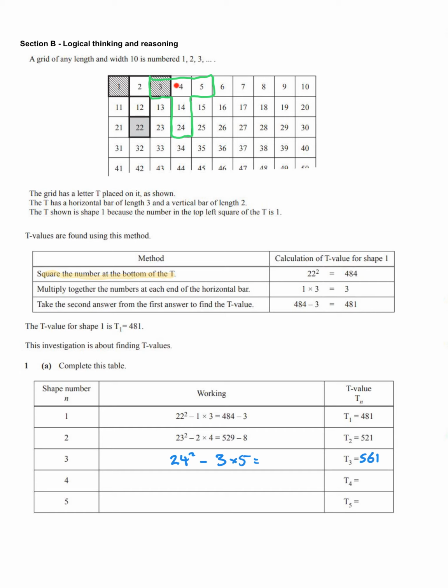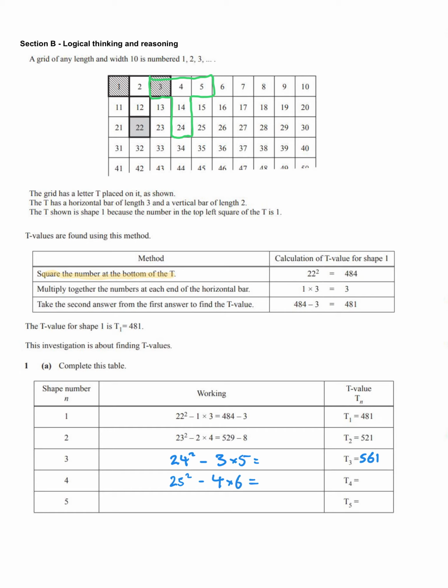Okay. Now what I'm looking at is to see if I can spot any pattern without the need to draw my T on this shape. So 22, 23, 24. Well, what's going to happen next? It's going to go 25 squared minus, now what's happened for the first number of the multiplication? It's gone from a 1, 2 to a 3, so the next one's going to be 4 times, and the second number, the pattern is going 3, 4, 5, and then there's a 6.